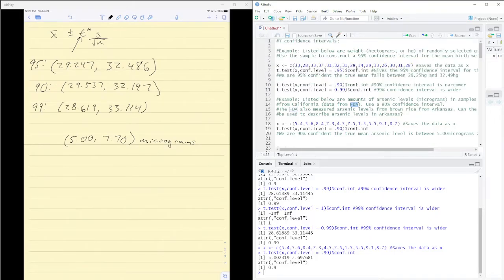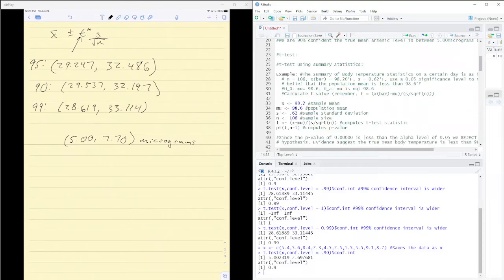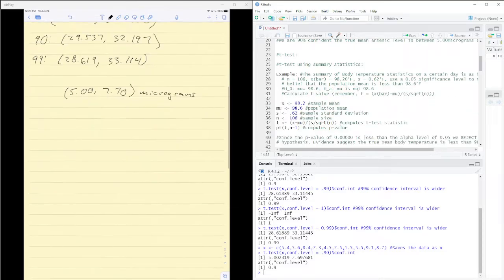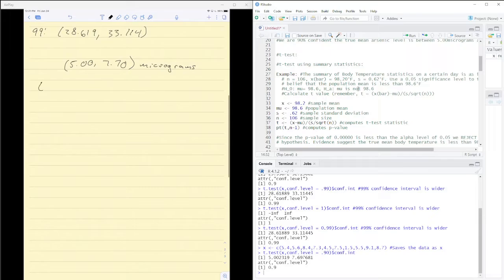And then next, building off of a t confidence interval, comes a t-test. And what this is for is testing a claim about a population mean.